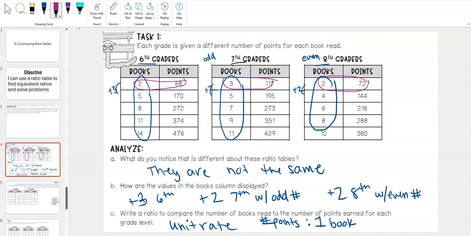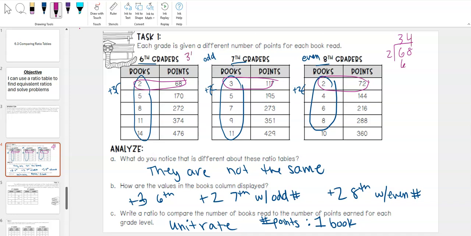You can honestly divide any of these ratios in these ratio tables because we know that they are consistent based upon the context that's given. But I'm just going to start with the easiest ones here. The first thing I'm going to do is 68 divided by 2, and that is going to become 34.